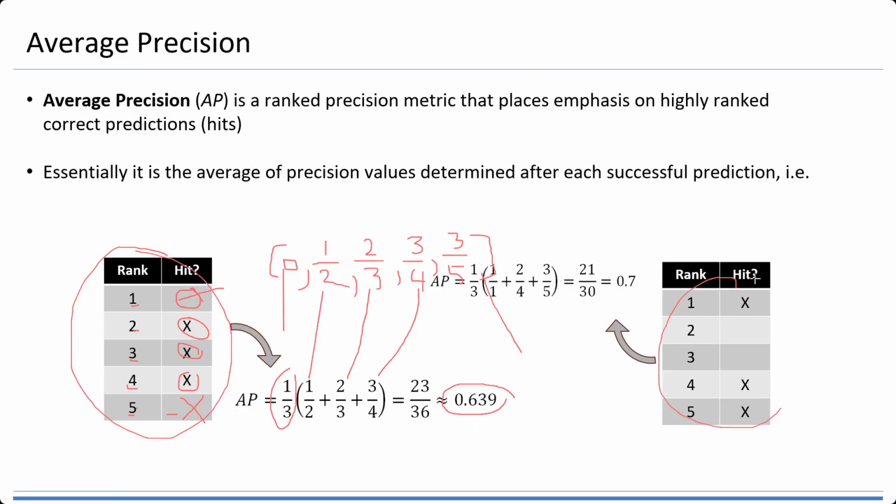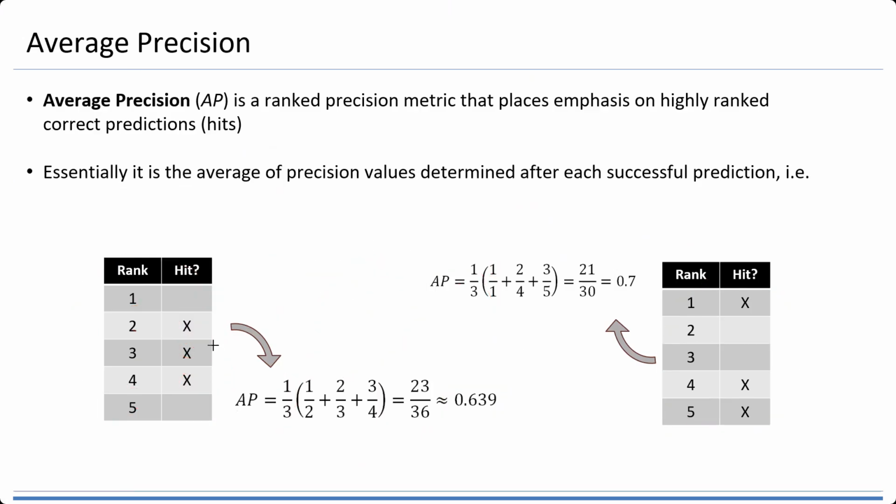What about this data? This is position 1. Again, we have the precision: position 1 is 1 divided by 1, since among 1 item, 1 has been liked or hit. What about the second?